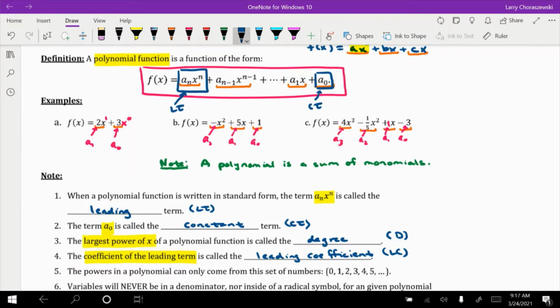And the leading term will always have the degree of the polynomial function, because the leading term is the one we write first, because it has the highest power of all the monomials. So going back to the leading term, the n, that's the power of x here, would be the degree of the polynomial function. And the number that's in front of x with the degree, a sub n, that would be the leading coefficient.